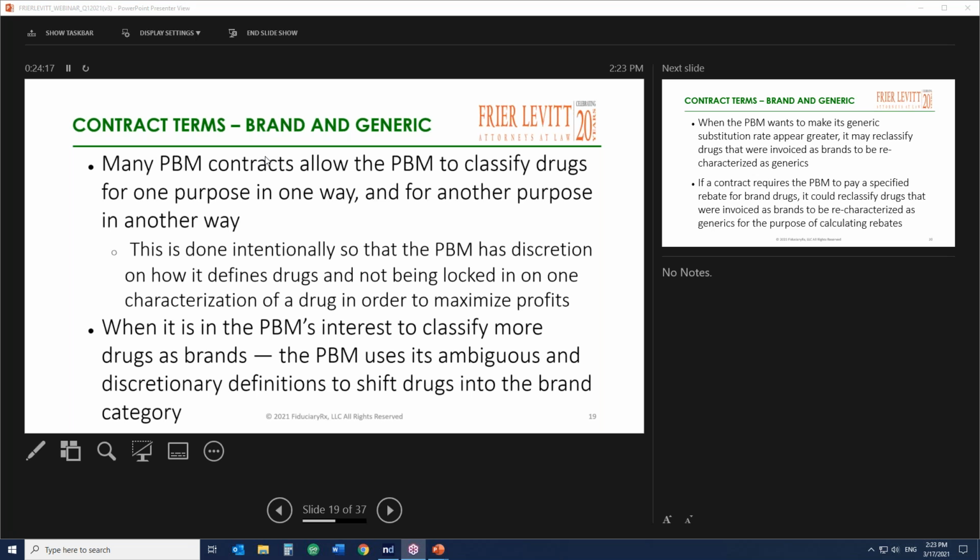To expand on the example that we just discussed, a PBM can charge brand drug pricing to the plan sponsor while paying the pharmacy generic drug reimbursement on that single source generic claim. And again, a PBM can use different pricing benchmarks to generate bigger spreads for themselves. It can also impact the generic substitution rate and other generic pricing guarantees, such as generic effective rate.